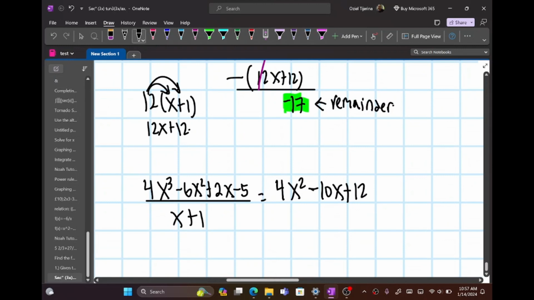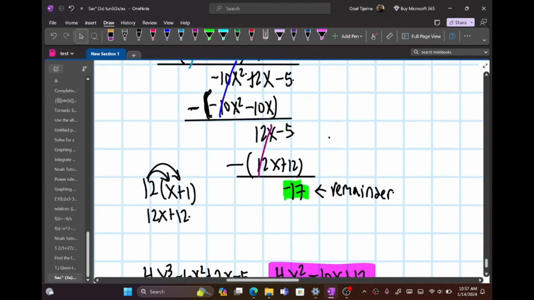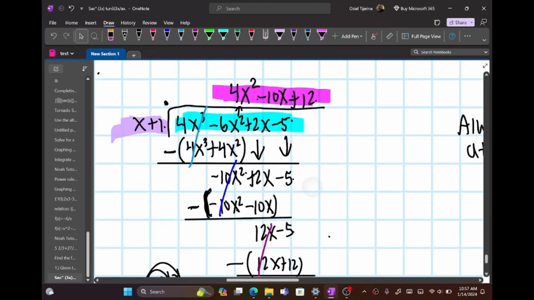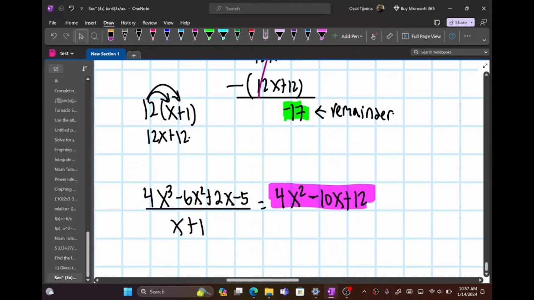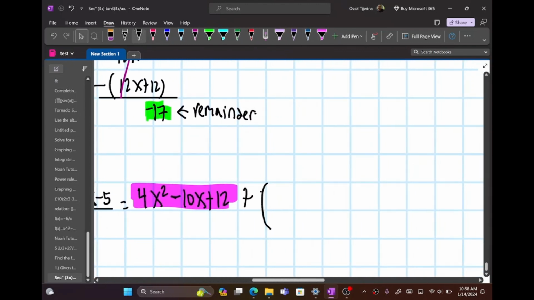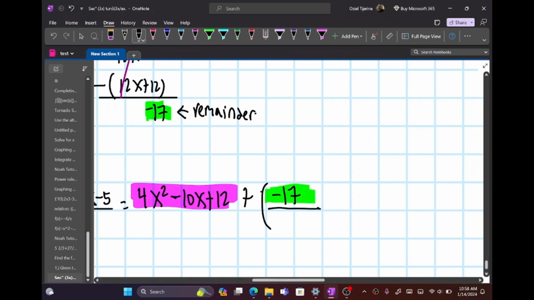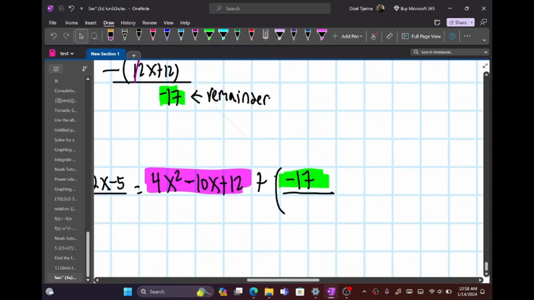So like I said, it's the pink part. And then we're going to say plus the quantity negative 17, which is the remainder, over the x plus 1.